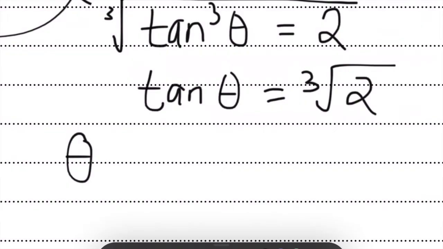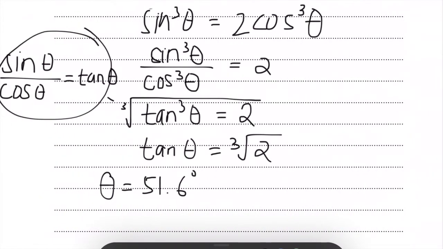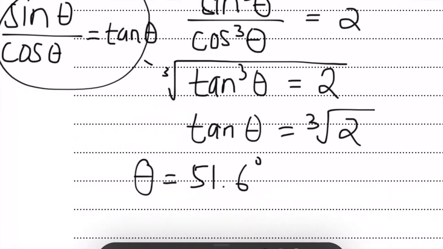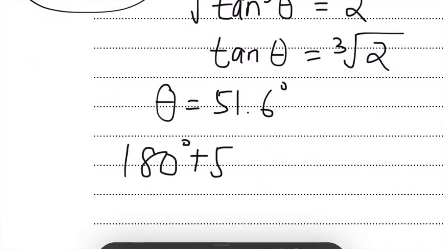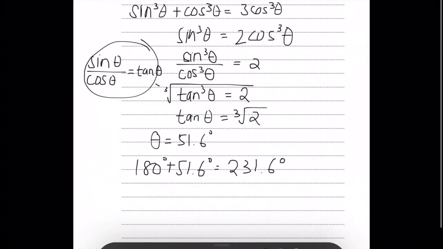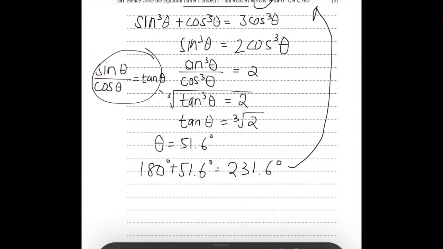Go ahead and compute that in your calculator, and you will get 51.6 degrees. Since this tangent is positive, we have another value, which is the sum of 180 degrees and the answer we got. You will get 231.6 degrees, which is still within the boundary there.